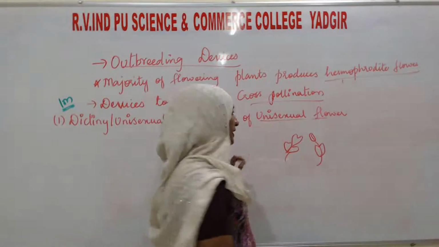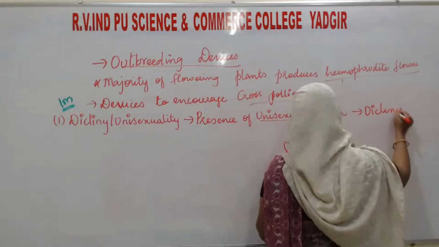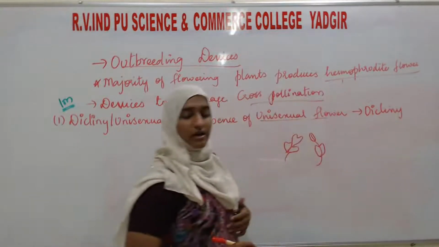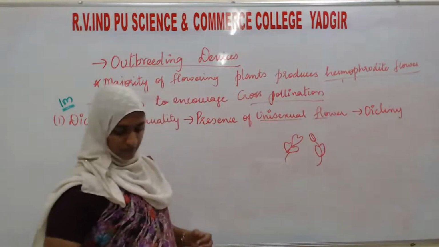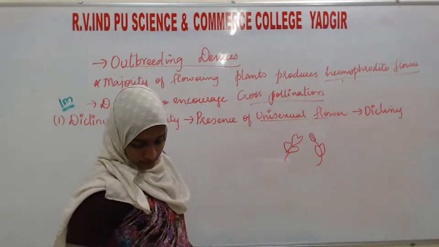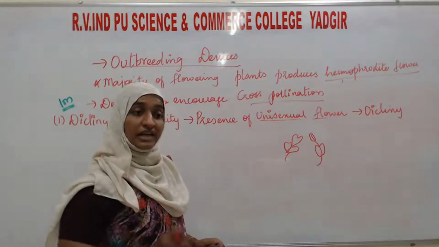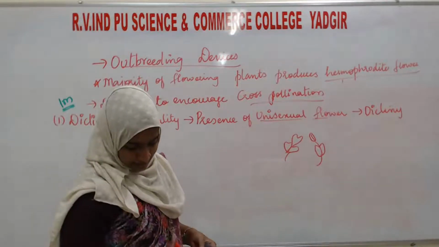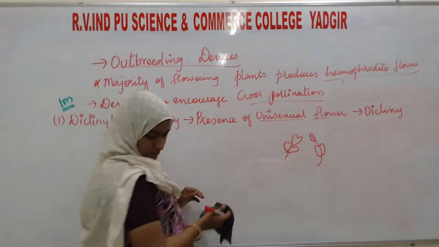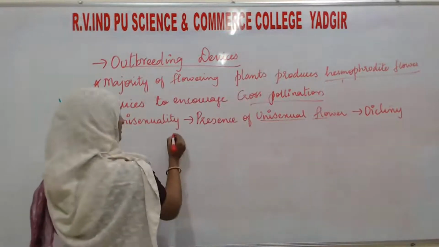So this is known as the declining. Presence of unisexual flowers is known as the declining or unisexuality. This is one thing in case where the cross pollination has to take place. What are the examples?